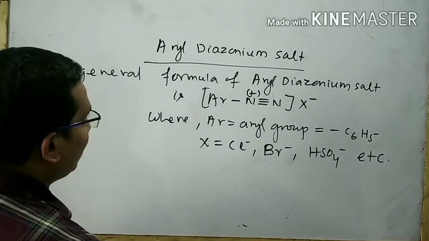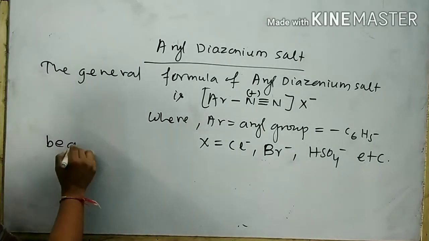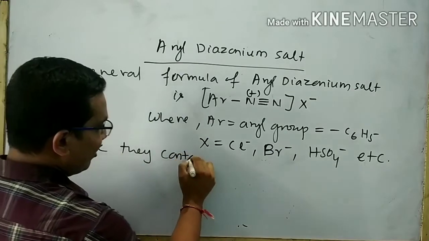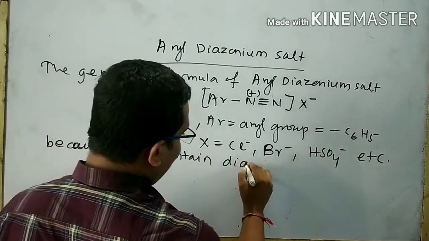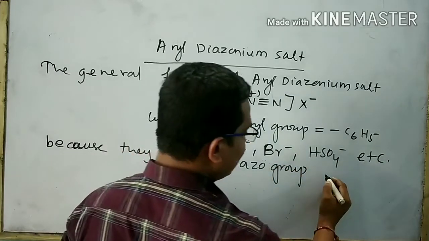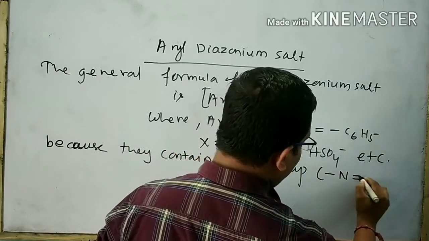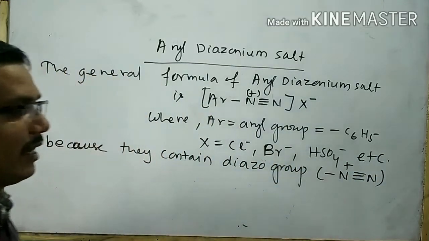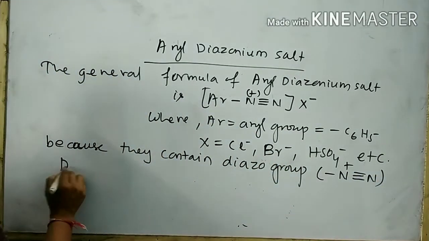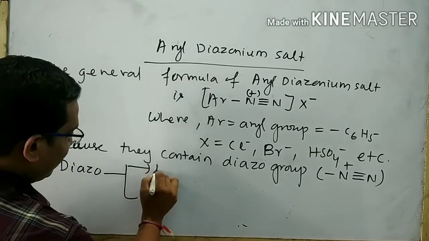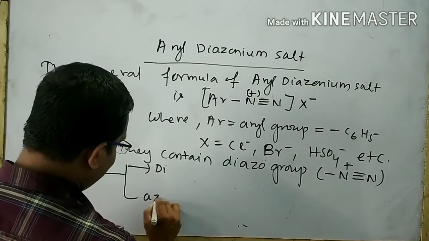They are so called diazonium salts because they contain the diazo group. Diazo group means bond N, triple bond N, with a plus charge present. This is said to be the diazo group. The word diazo is derived from two words, one is di, another is azo.